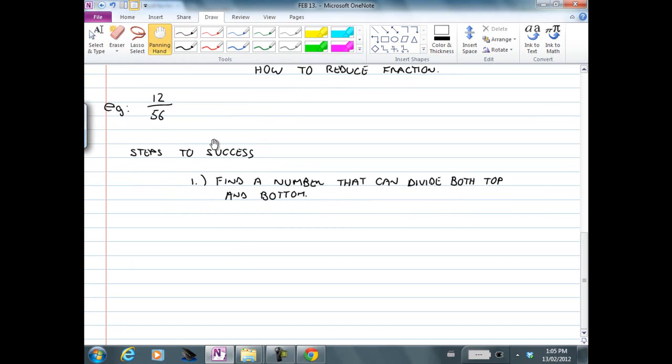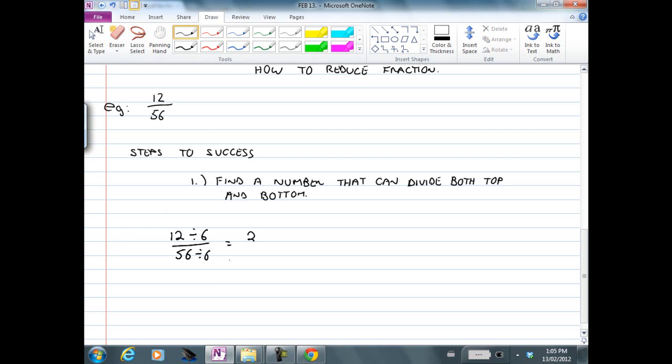Karen, what's a random number? 6. So Karen says, hey Mr., let's try to divide both top and bottom by 6. I'm not sure if this works, but we're going to try this out. So I go 12 divided by 6, 56 divided by 6. Devin, what's 12 divided by 6? 2.